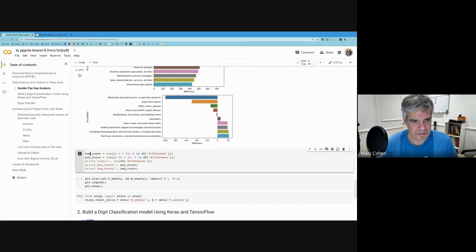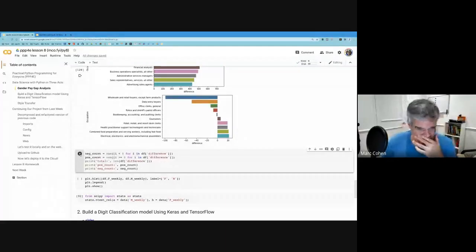Basically the negative count is where women are out-earning men, and the positive count is where men are out-earning women. I shouldn't call them negative and positive because it sounds like a value judgment, which is the opposite of the value judgment I would want to convey. But let me proceed here because I'll just screw my code up if I fix it now.